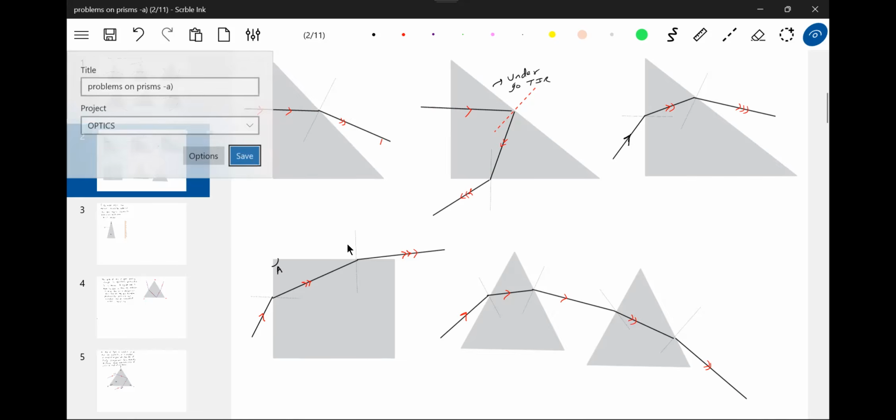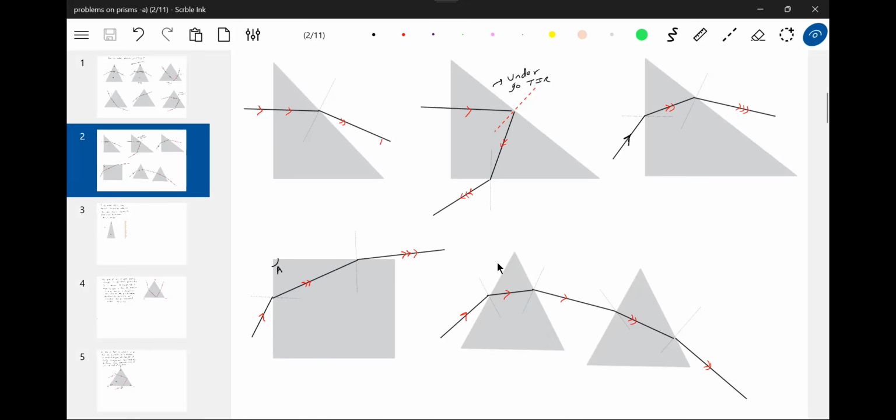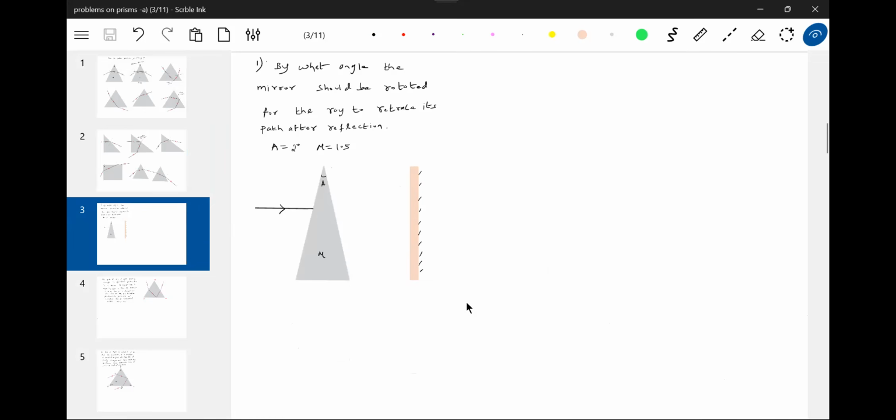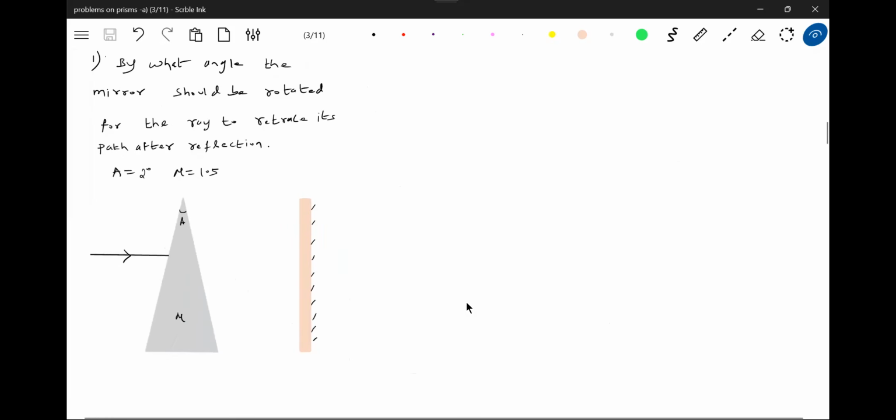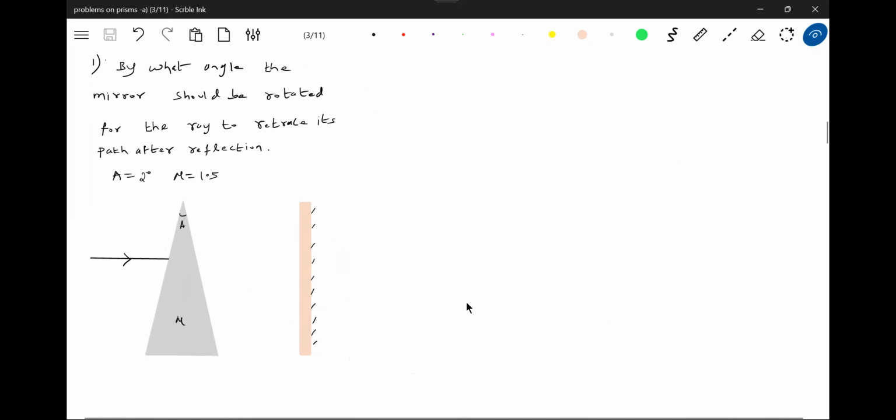Okay, let's start with the small numericals. This is the first question: by what angle should the mirror be rotated for the ray to retrace its path after reflection from the mirror?